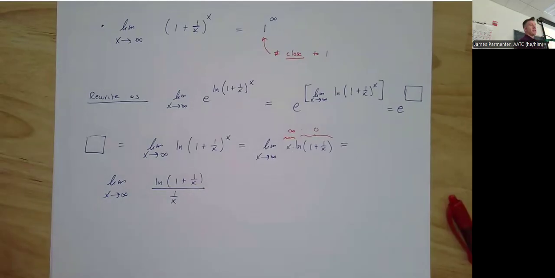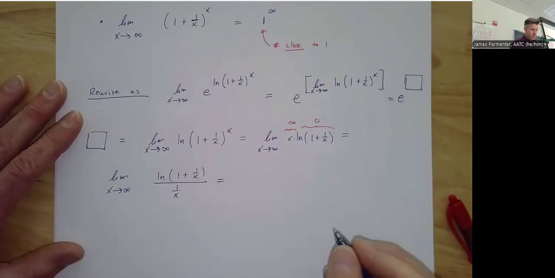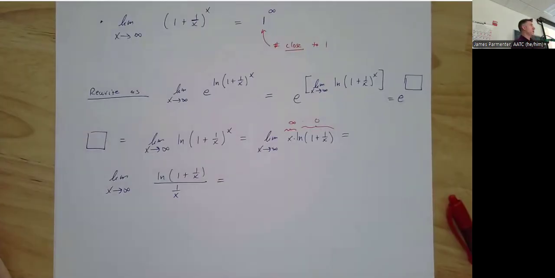This, by the way, is one of the reasons I said you really want to get comfortable just knowing the derivative of 1 over x is negative 1 over x squared, because it comes up relatively frequently, especially in these examples. So then we can use L'Hopital's rule, because the numerator is going to 0 and the denominator is going to 0. Right? On top, you have the natural log of almost 1. On the bottom, you have almost 0, essentially 0 over 0.